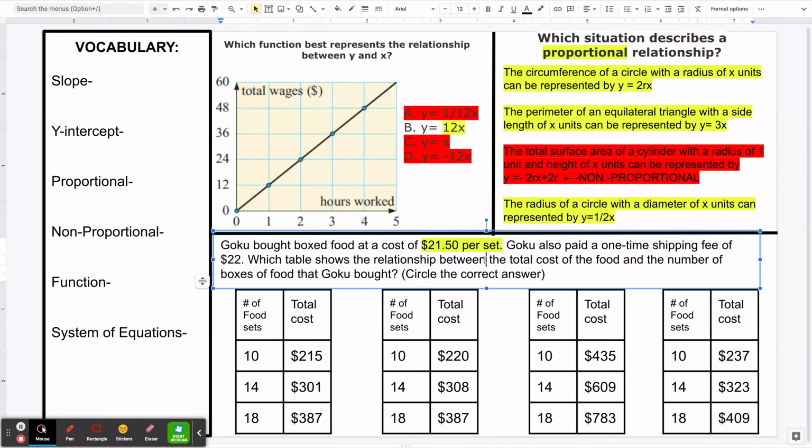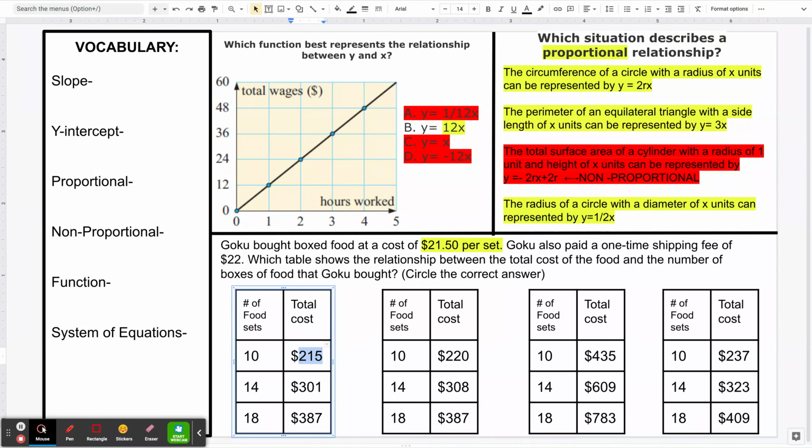There you go. If I took this $21.50 per set and multiplied it by 10, because they all have 10, I should get 215, right? And so a lot of you probably did that and said, hey, it's this first one. The answer has to be the first one. This one has 215 because 21.50 times 10 is 215.